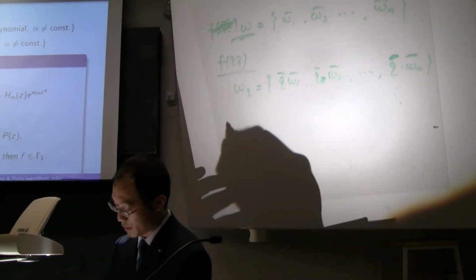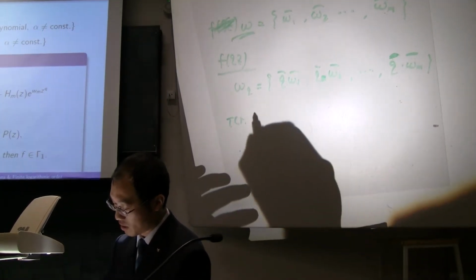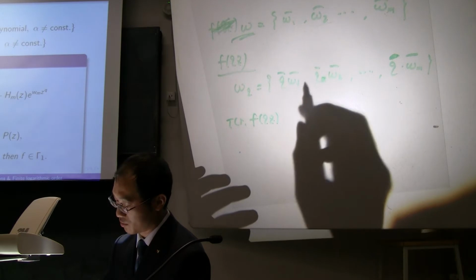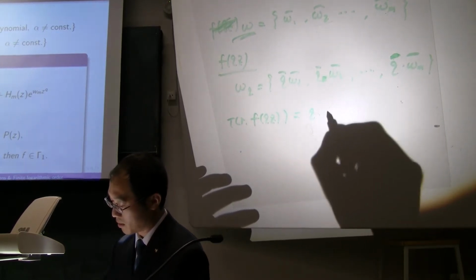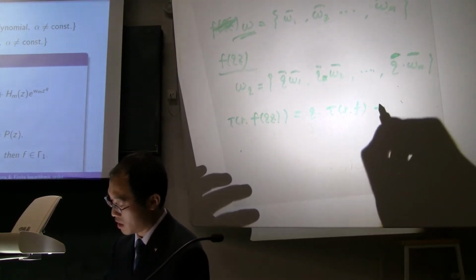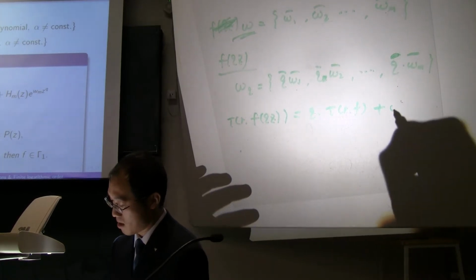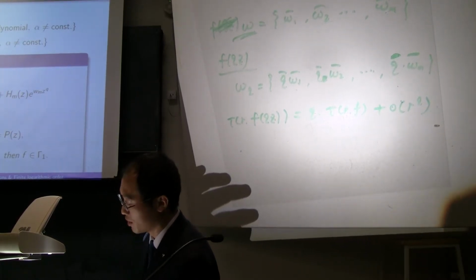So that's to say the characteristic function of f(qz) is equal to q times T(r,f) plus one term that grows smaller than r^q.